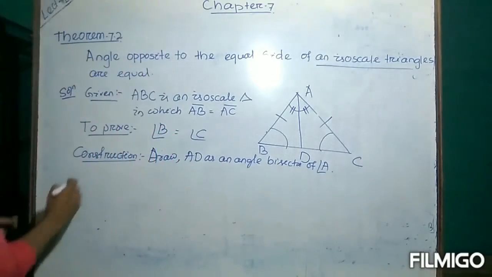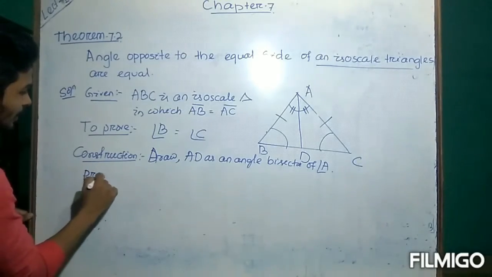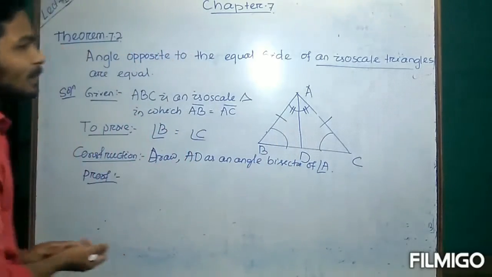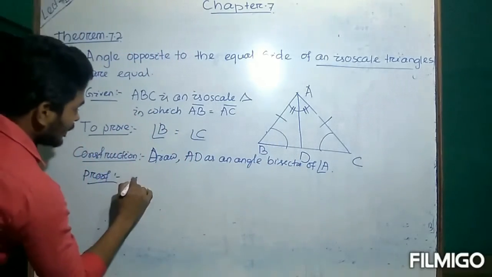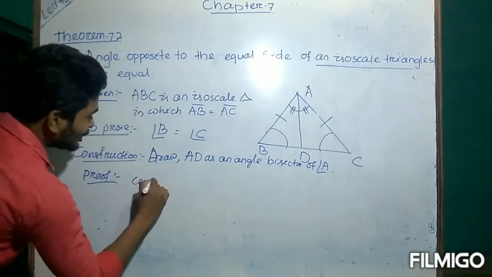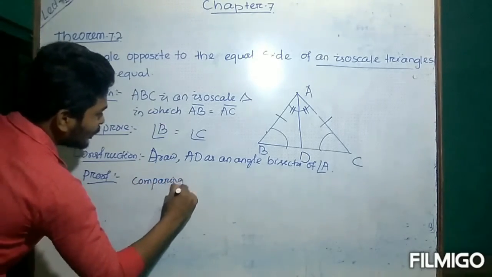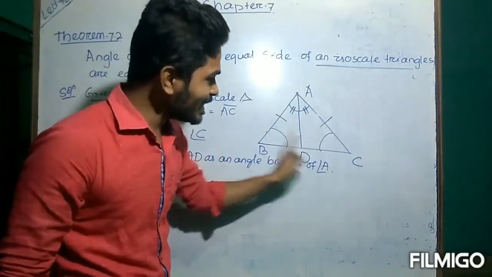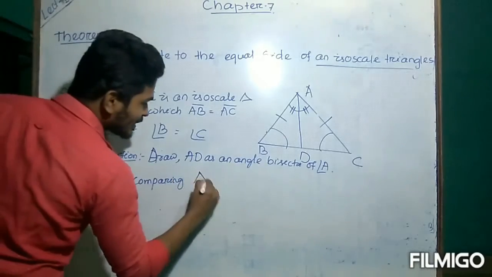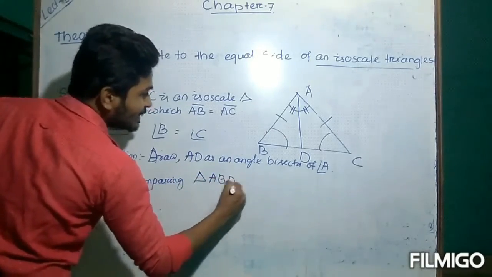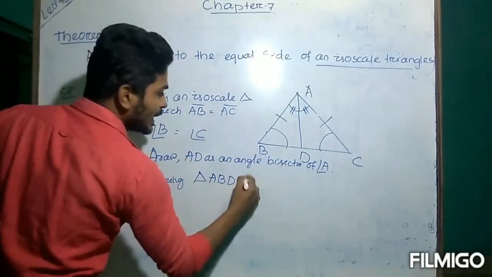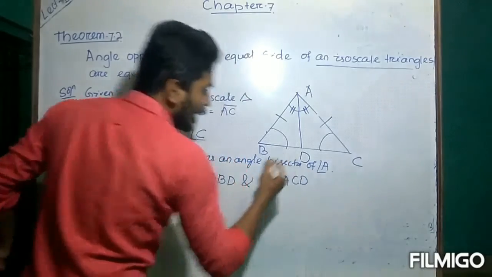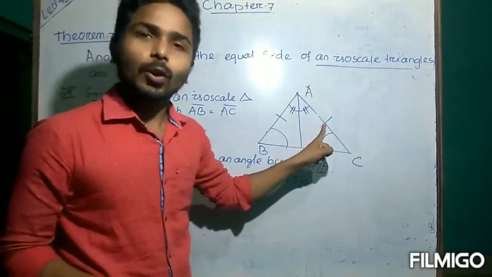So now next we have to prove that the angle B is equal to angle C. How can we prove them? For this we have to compare these two triangles, ABD triangle and ACD triangle. So let us compare triangle ABD and triangle ACD, and prove whether these two triangles are congruent.